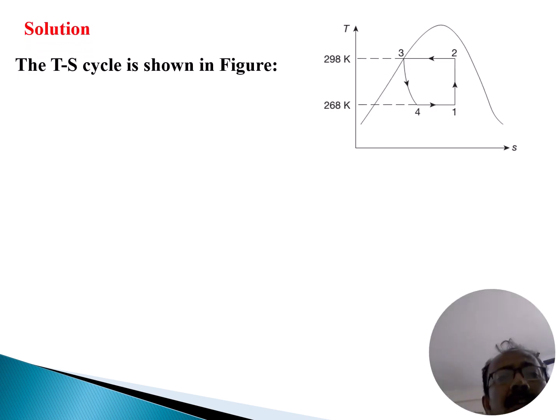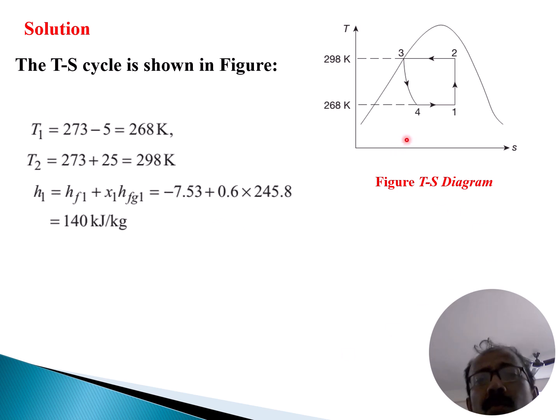In the T-s cycle, if you see the T-s diagram, there are processes 1 to 2, 2 to 3, 3 to 4 and 4 to 1. So this is the cyclic process, and the value of T1 is 273 minus 5, and similarly T2 is 273 plus 25, in terms of Kelvin.